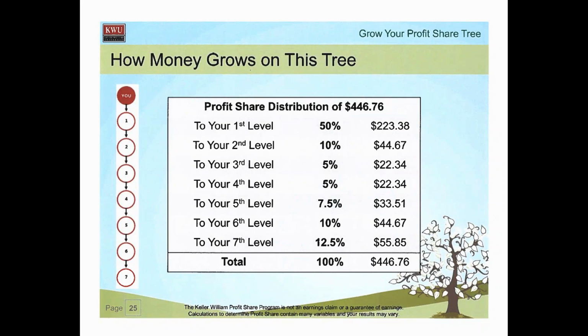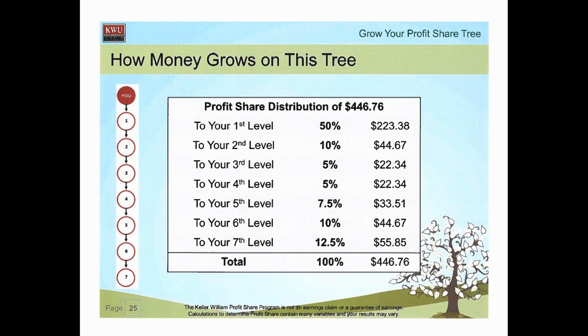So this is what they do with the factor. In this example, there was one sale, and the profit share calculated on this one closing was $446.76, based on that 2.4782 factor.